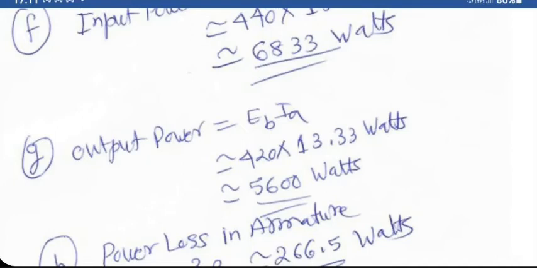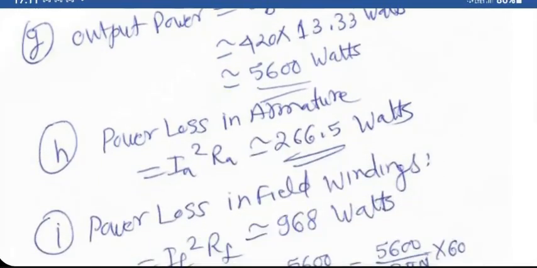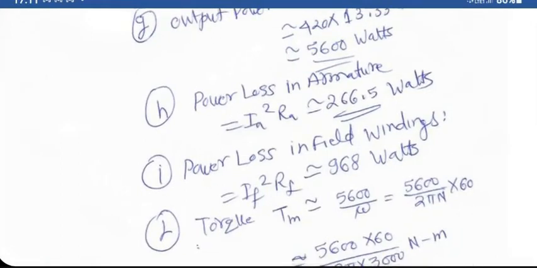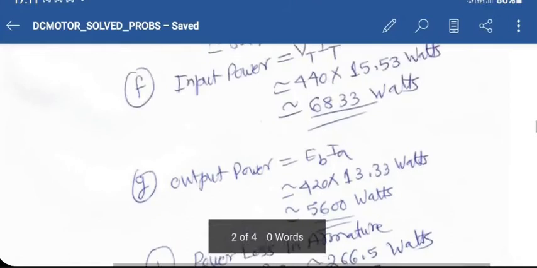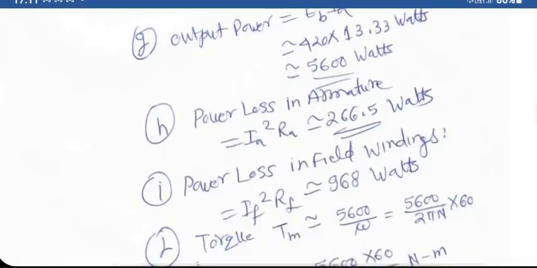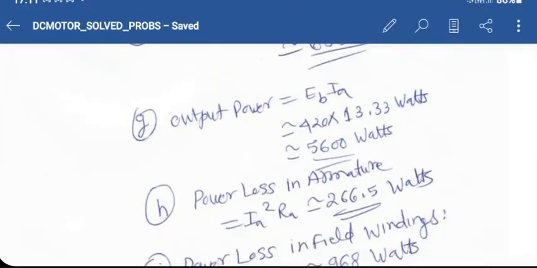Now losses are only copper losses. Iron losses are zero, mechanical losses are zero. So IA square RA plus IF square RF. IA square RA turns out to be 266.5 watt. IF square RF turns out to be 968 watt. Now from input power, you subtract the total losses to get the output power. And actually you will find that 6833 minus IA square RA minus IF square RF will give 5600.